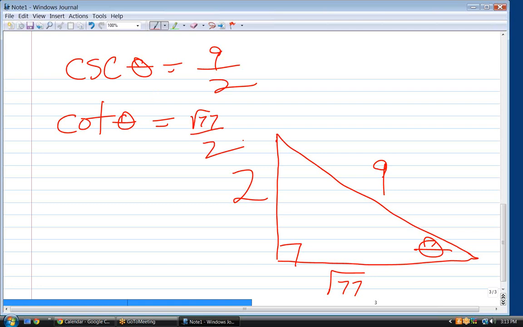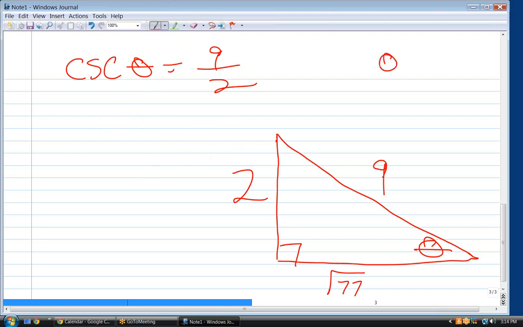And in fact, once you have all 3 sides labeled, you could give any of the trig functions of theta. In other words, sine of theta is 2/9, cosine of theta is root 77 over 9, and so forth and so on. Now, the way this problem is usually done, let me give you a slight variation of it.